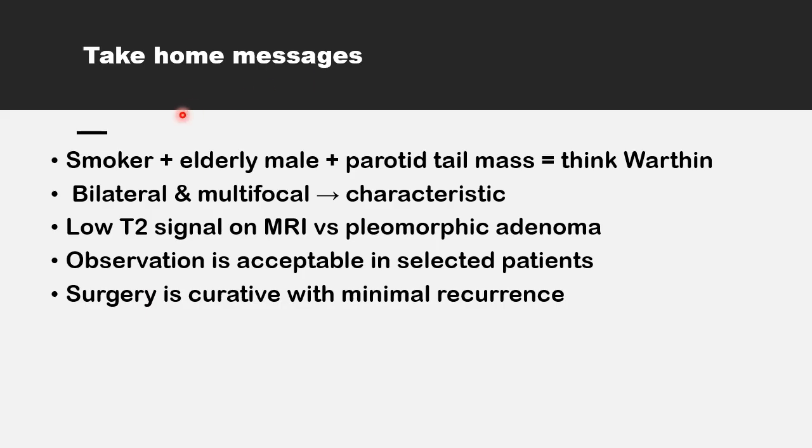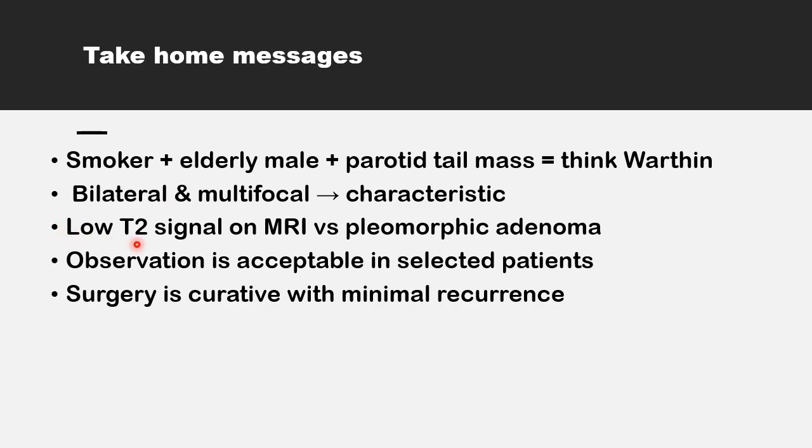So to sum up, if a parotid lesion is in a smoker who is elderly and male, and the lesion is in the tail of the parotid, think Warthin's tumor. If it is bilateral or multifocal, that would add more weight to establishing a specific diagnosis of Warthin's.